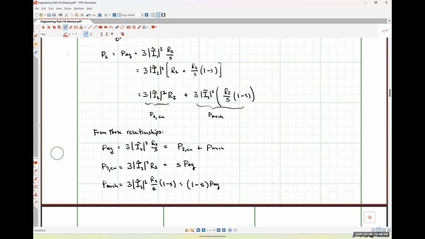I'm going to put a box around these three because these are the main relationships that I want you to get out of these. And it's just simply, if we know the slip and we know any of those quantities, we should be able to figure out all of the other ones. All right, I'll pause for just a second and let you guys catch up, and then we're going to put these two models together.